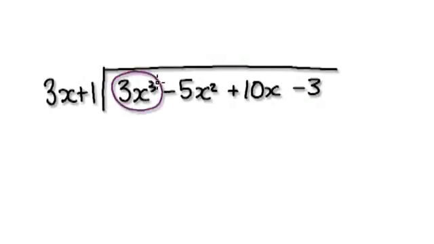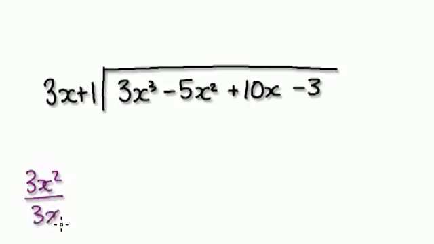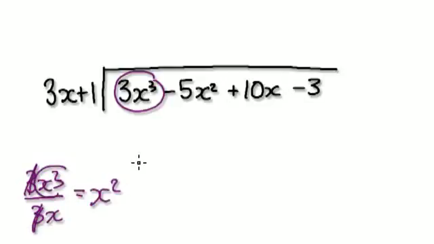So looking at this divided by this, without going over, 3x squared divided by 3x, so that would be that. 3x cubed divided by 3x, the 3 will cancel out, so this here will be x squared.